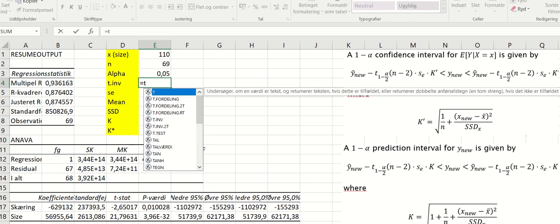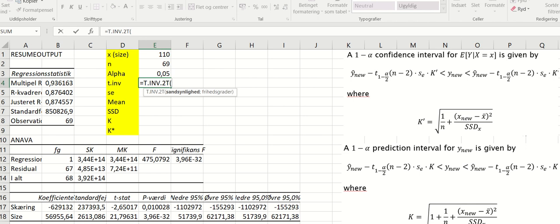We want the t inverse two-tailed here, so the probability is 0.05, number of observations 69 minus 2. So now we got this one. Now we want the standard error part, the SE part, which is right here.